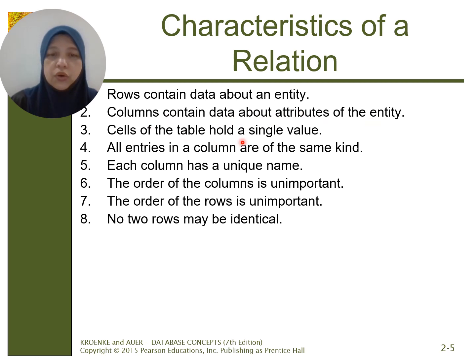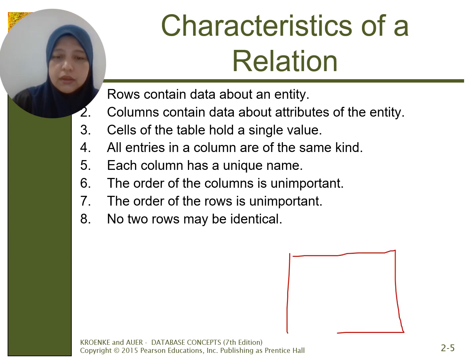Cells of the table hold a single value. What does it mean? It means that in each cell you should only have one value, an atomic value. All entries in a column are of the same kind. What does it mean? Let's say you have a table, and the first column is ID, the second column is name.